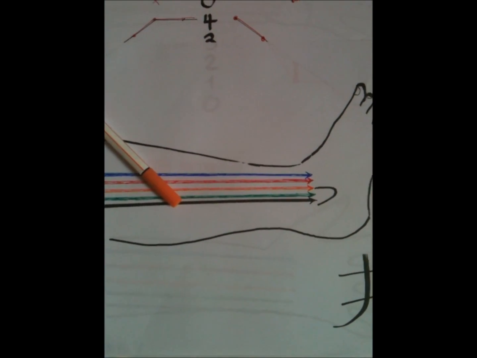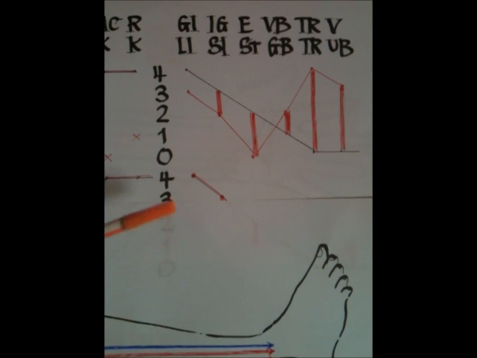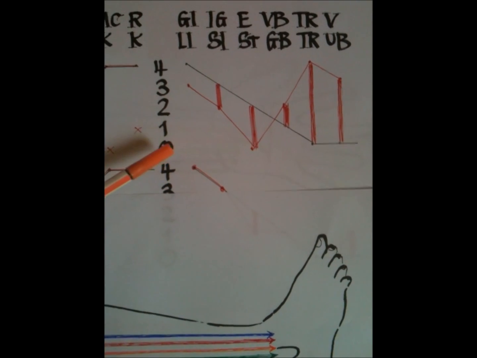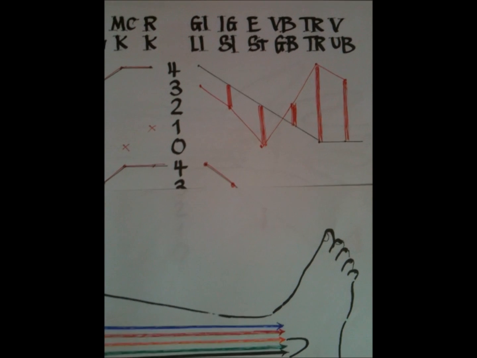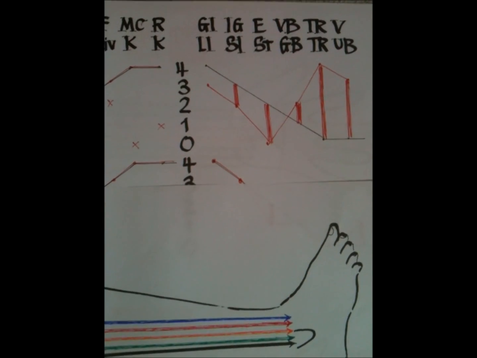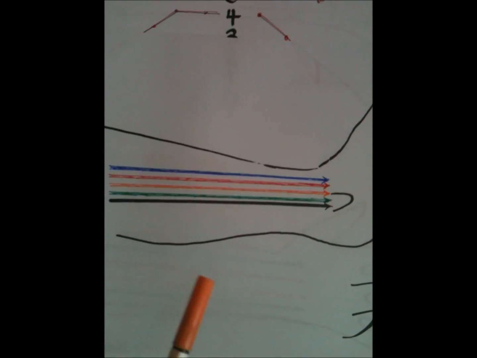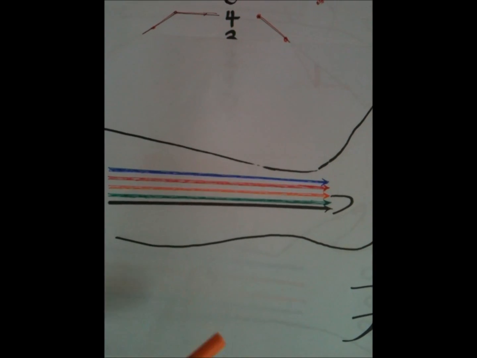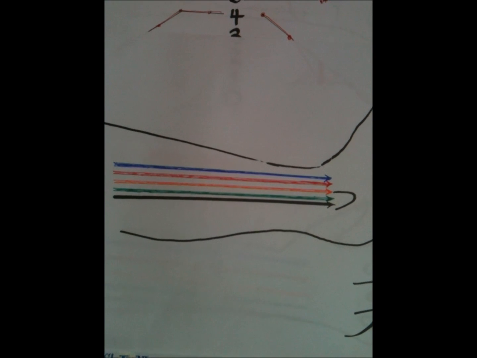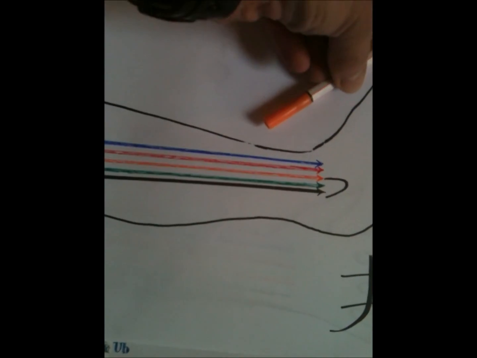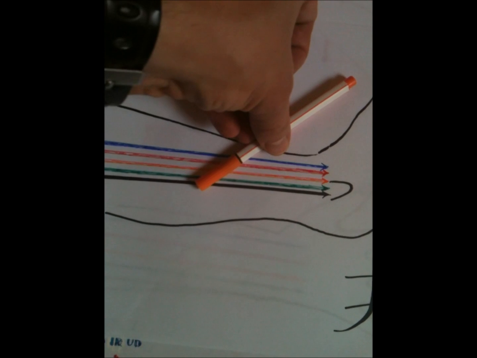And for example, the stomach meridian had the movement of the water, so we would need to use the water point of the stomach meridian, and we would do the insertion in this direction.